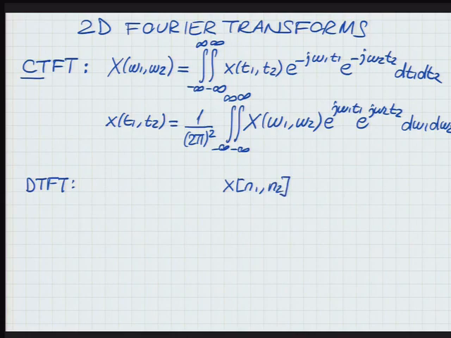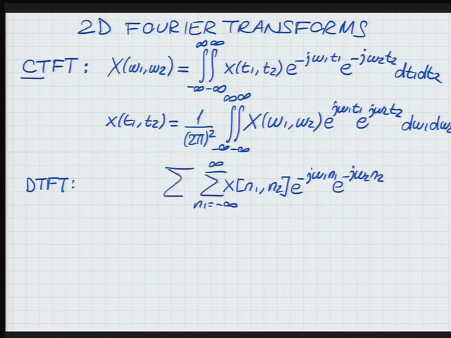So we multiply with e to the negative j omega 1 n1, e to the negative j omega 2 n2, and instead of integration, I need to sum. I first sum over n1, the order doesn't matter of course, and then over n2. And the result is again a function of two variables, omega 1 and omega 2.